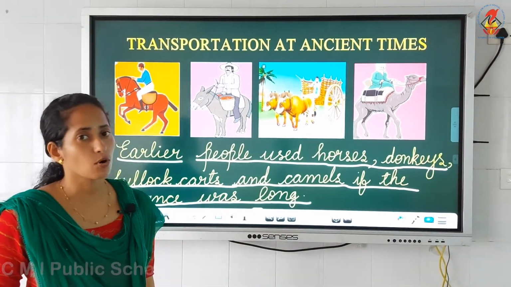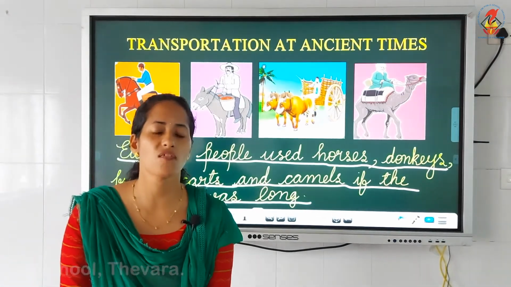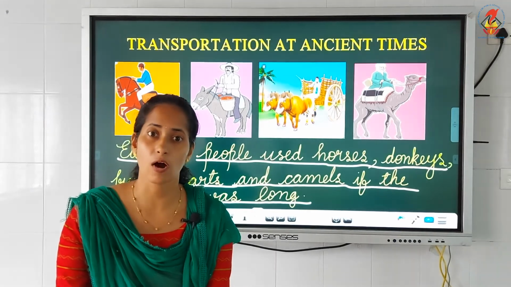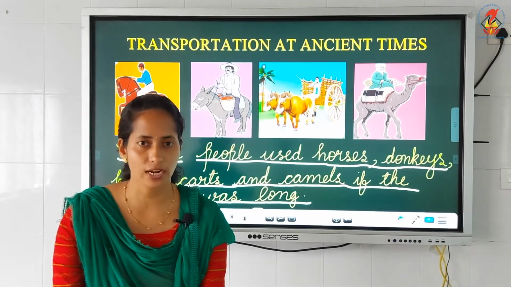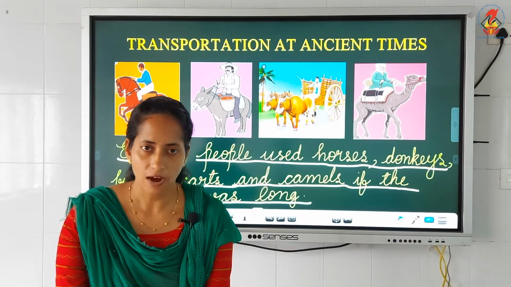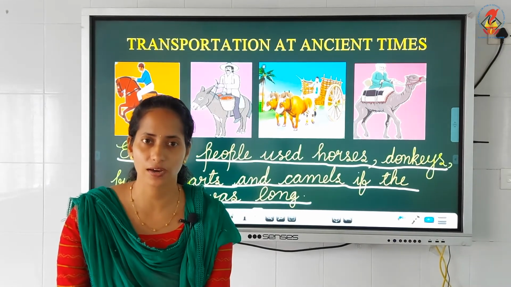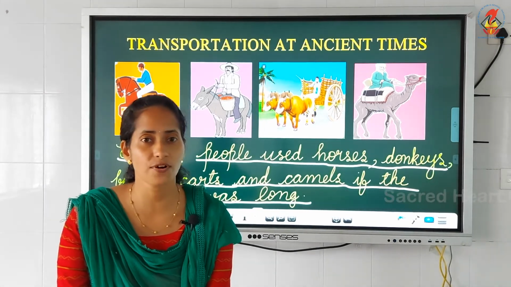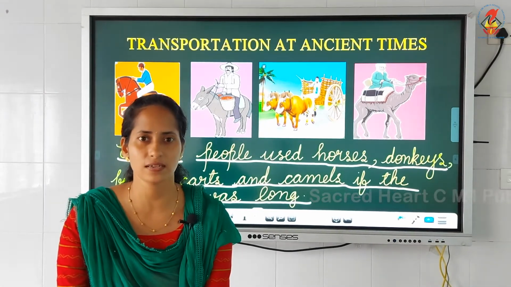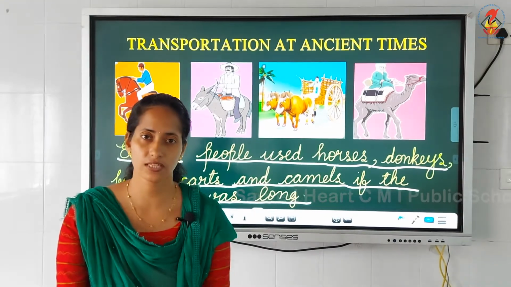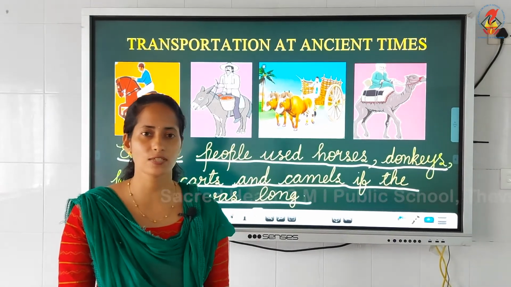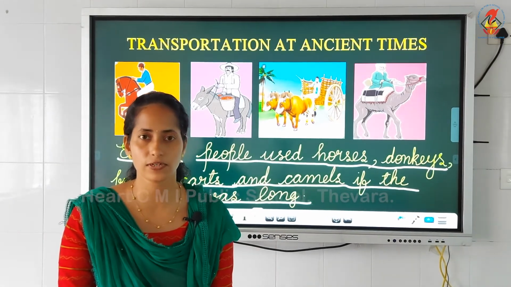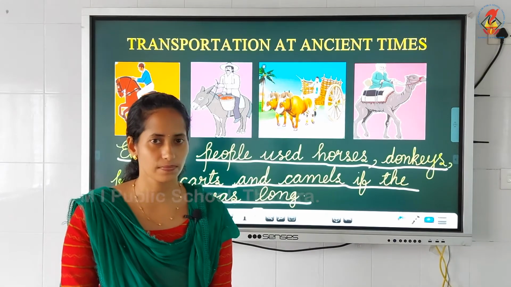And later on, after the invention of wheels and vehicles, it played a very important role in transportation. After inventing wheels and vehicles, transportation has become faster and easier for us, isn't it? If the distance is very long, surely it is very easy for us to travel, even abroad, even beyond our country, isn't it?